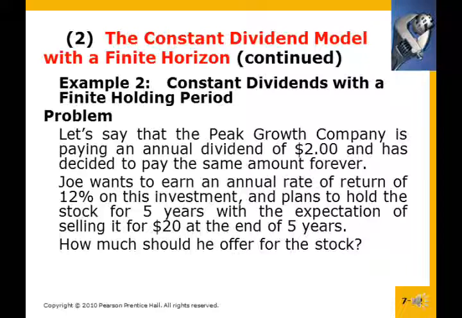We have dividend 2, we have future price $20, we have N equal to 5, we have R equal to 12%. And you have to get the summation of the present value of the future price and the present value of the annuity, which is the dividend, which is 2.